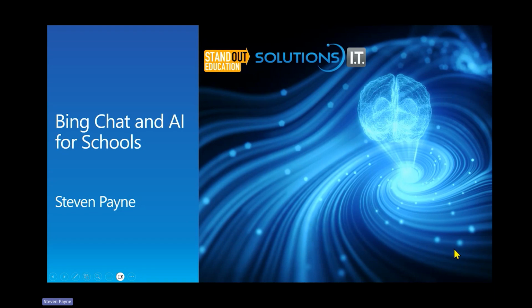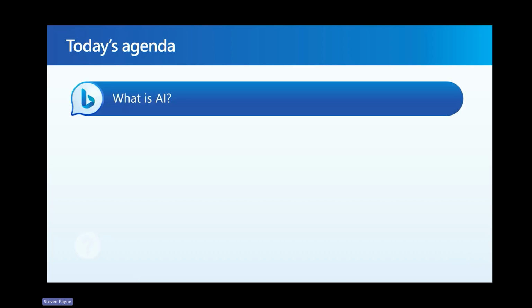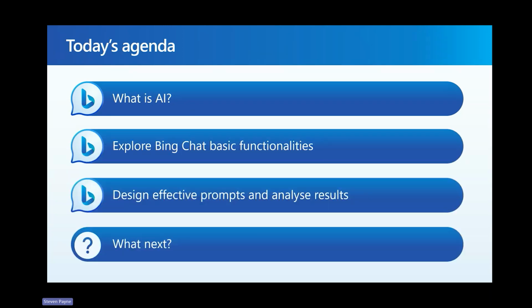Okay, so what are we going to do in today's session? We're going to talk very quickly about what AI is. There's lots of different flavors of AI, and we're going to be focusing today particularly on generative AI. So I'll talk a little bit about what that is. We're going to have a look at Bing Chat's features, and we're going to look at how you can design effective prompts.